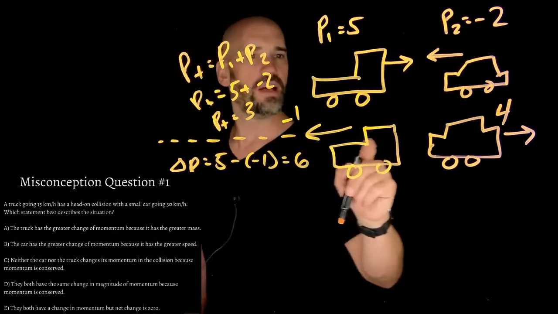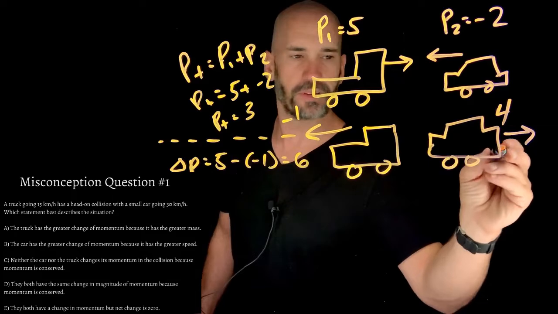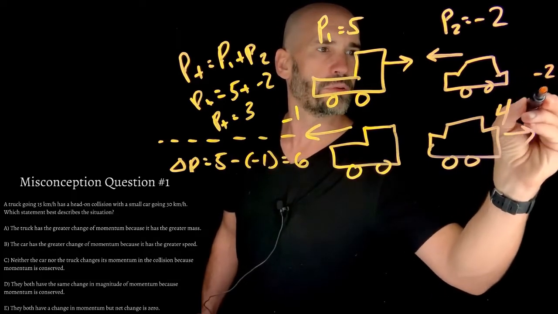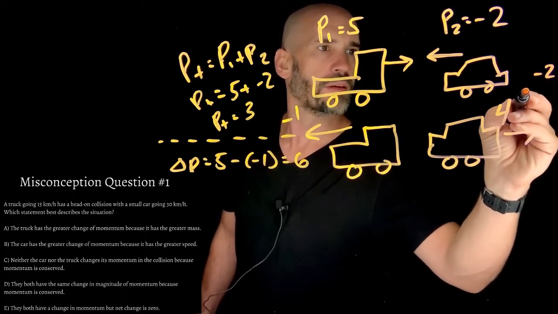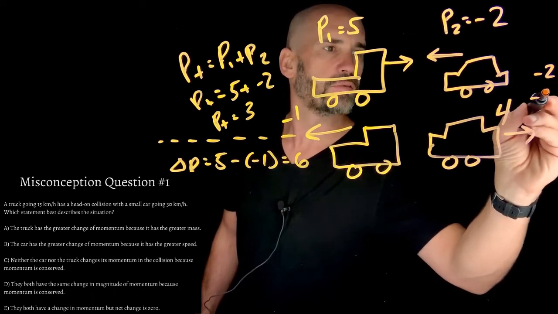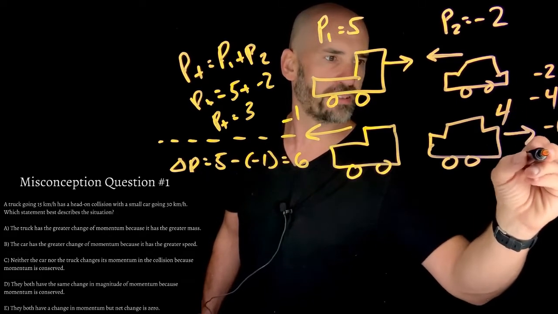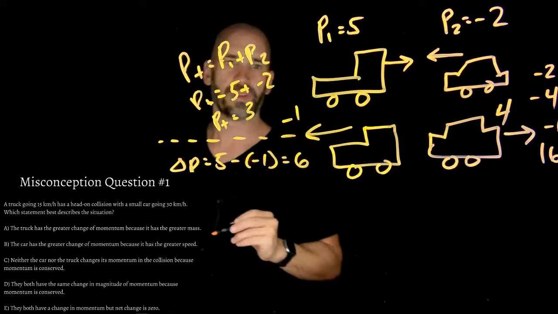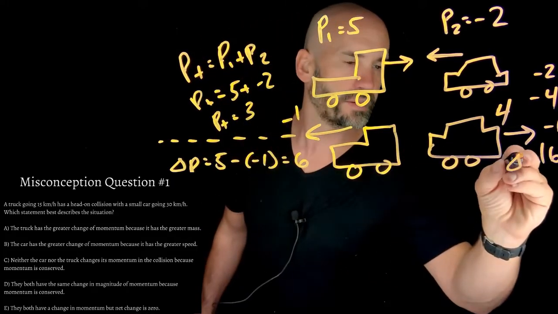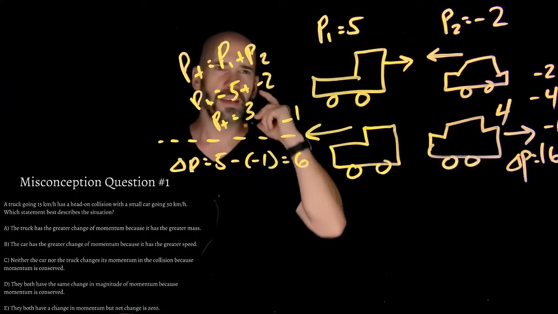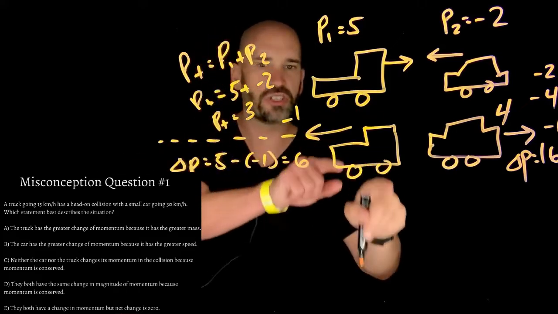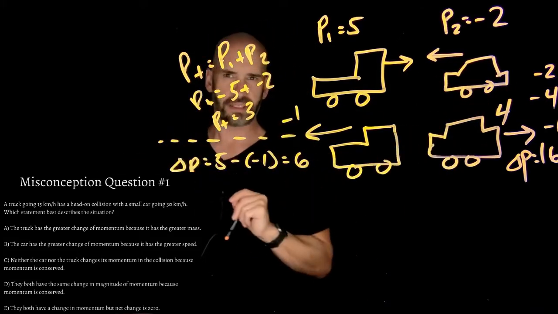And for the car, we have -2 minus 4, which is -6, but the magnitude would be 6. It changed by 6 again. So delta P magnitude is 6. In this case, they have a collision and their momentums both change by 6.